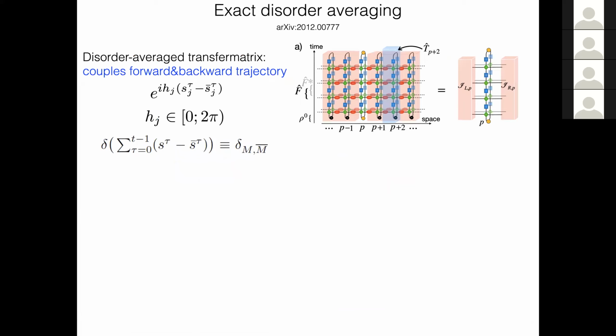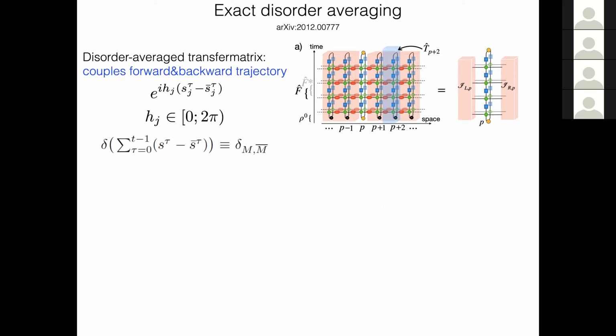The way we're going to do it, in this approach, you can carry out disorder averaging from the outset. And what this would do in the path integral formalism is give you the average of a phase e to the i h_j times the difference of the forward and backward trajectory.